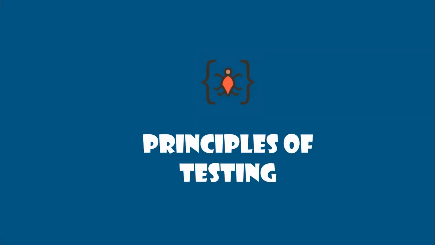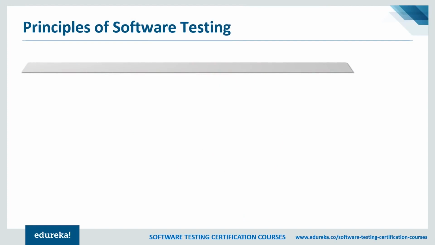Now let's move further and understand the principles of testing. Testing of software is an exceptionally imaginative and intellectual task for testers to perform. Testing of software or applications pursues some principles that are mentioned over here. These principles also play a significant role for a software tester to test the project.